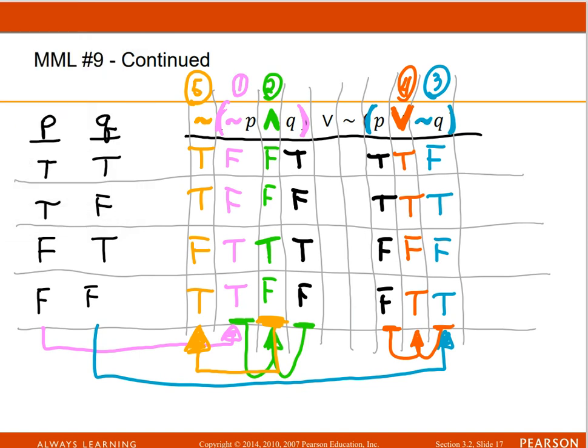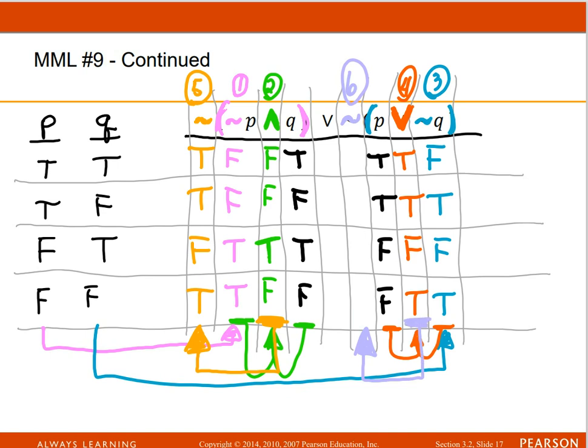Then I'll go over to the other set of parentheses, and I guess I'll use this purpley color. All right, and to do this negation here, which will be my 6th calculation, to get this column here, the negation is in front of the parentheses. So you negate the last step that you calculated in the parentheses, which would be step 4, which is this column here.